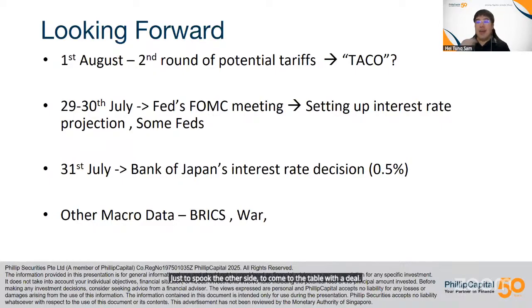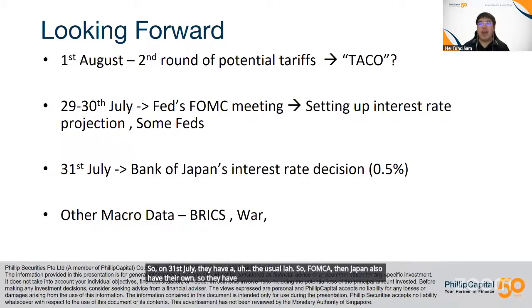So that is the number one thing. Number two is the Fed FOMC meeting, which we have a couple of slides on later. Then third will be the Bank of Japan interest rate decision. On 31st July, they have the usual meeting. So Fed FOMC, then Japan also has their own, at the end of July.